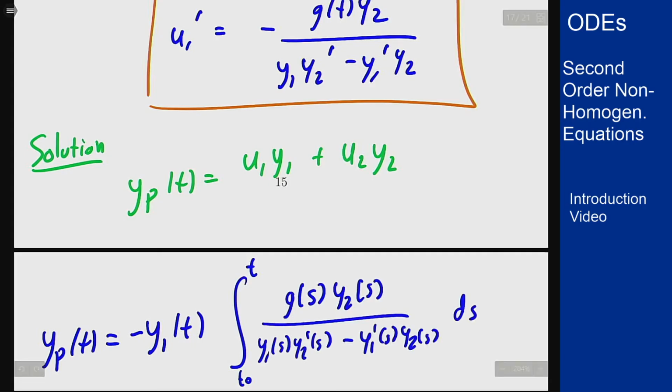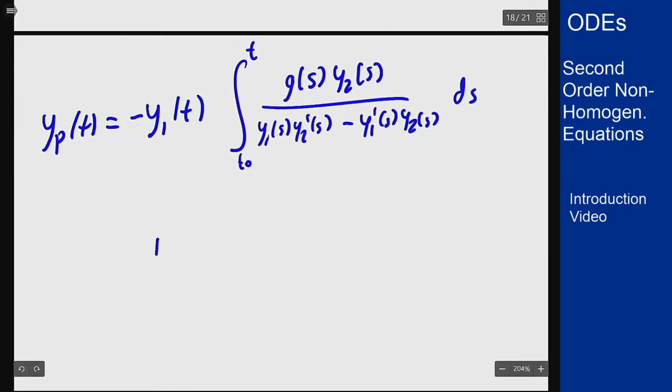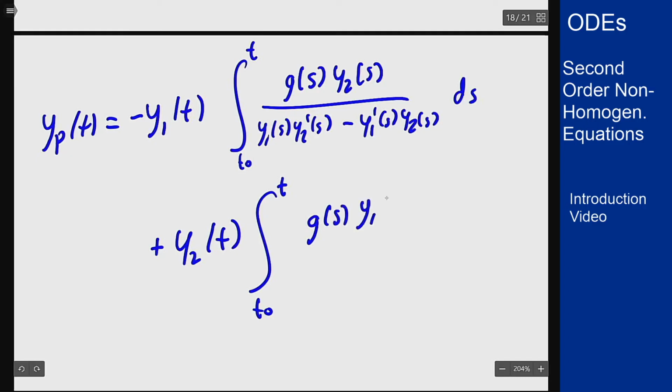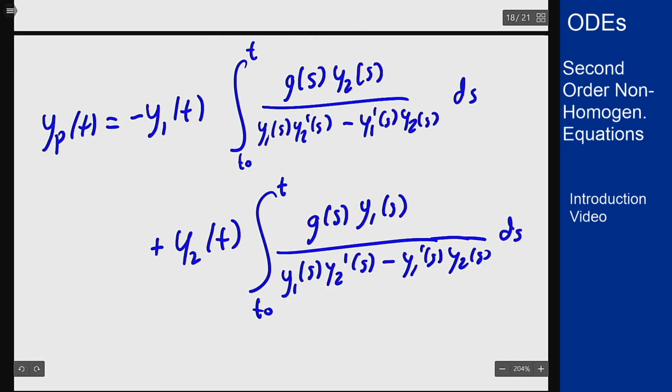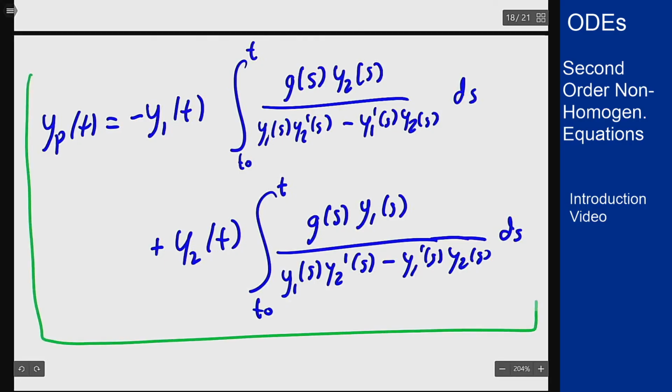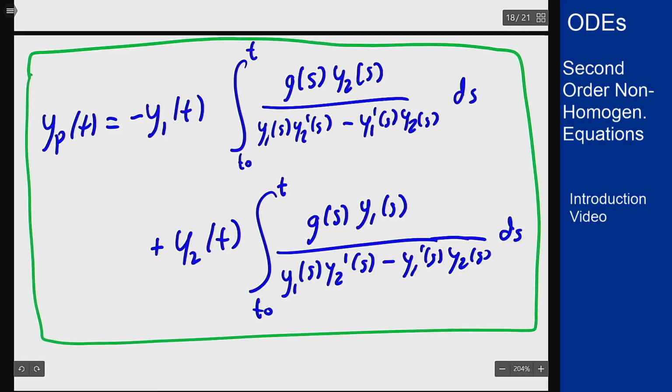The s here is a dummy variable. It's just saying integrate this to get this into a function of t that you get at the end. And then that's the u1 term. And then the u2 term looks similar, plus a y2 of t, integral from t0 up to t again, g of s, y1 of s, over that same term again. So that solves out for the particular solution, and that's the formula that you just use for doing variation of parameters.